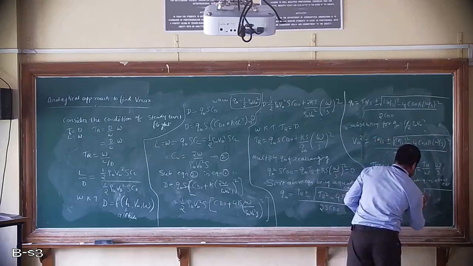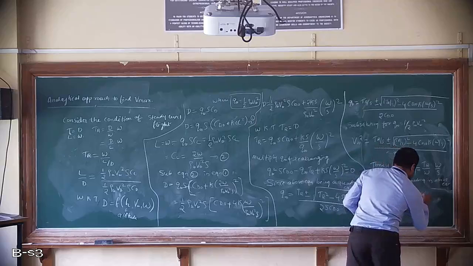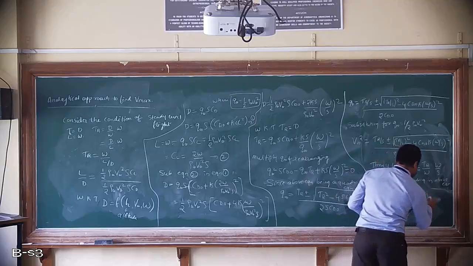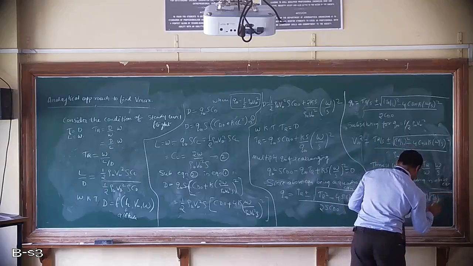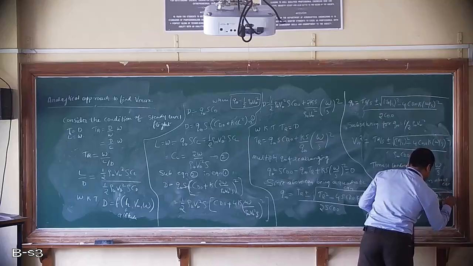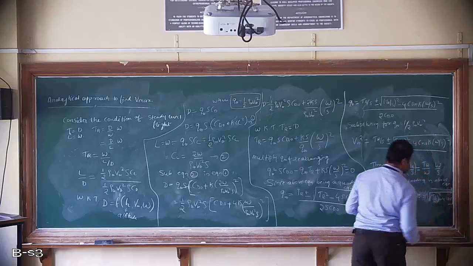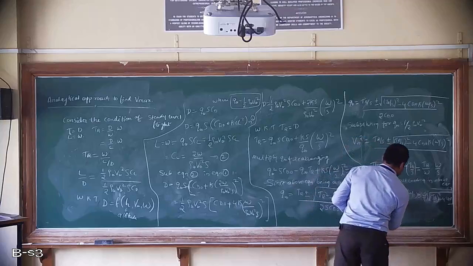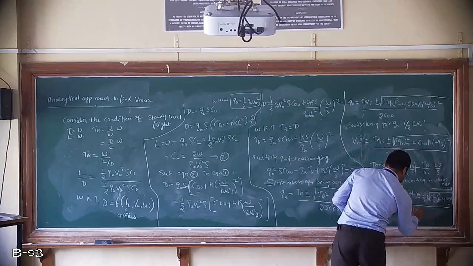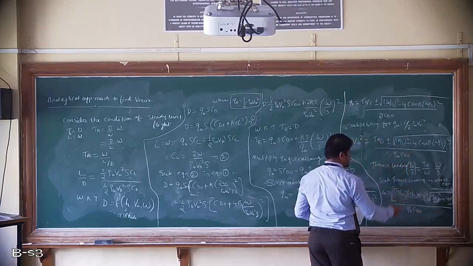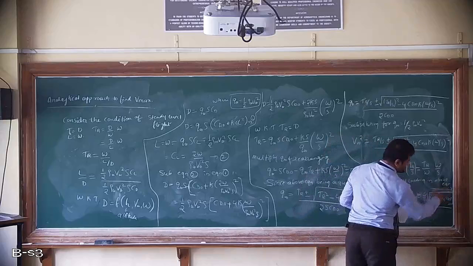We will take the terms outside. I will write the final answer because space is very less: W by S into square root of (TR by W) square minus 4 into CD naught K, whole to the power half, divided by rho into CD naught. This is the final expression actually. Please see that the whole to the power half is there.